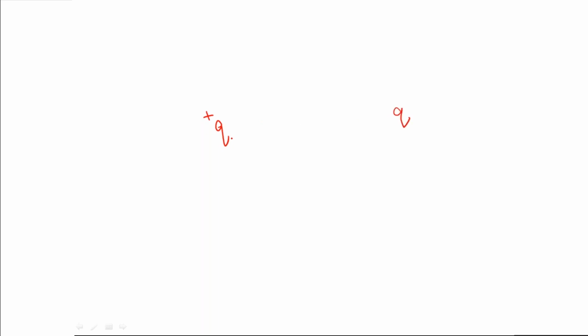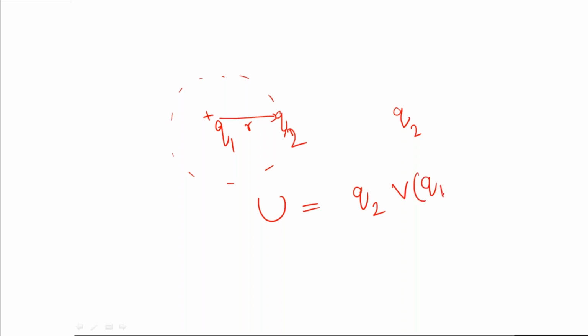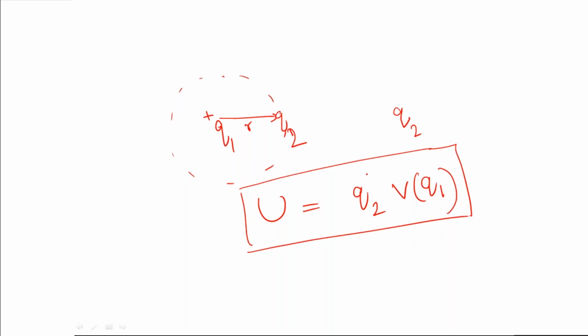And now if you bring another charge, suppose I take this as q1 and this is q2, in the region where the field or potential is created by q1, to somewhere here, which is r distance away, then the potential energy, denoted by U, will be given by q2 into V, the potential created by charge 1. So this is the potential energy. This is what we are going to learn today.